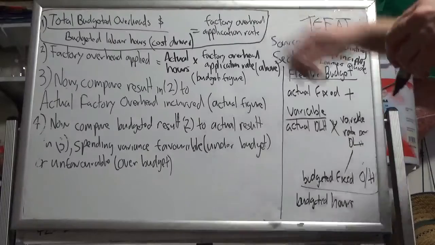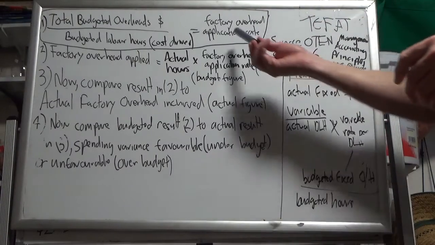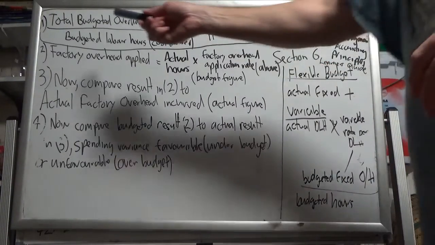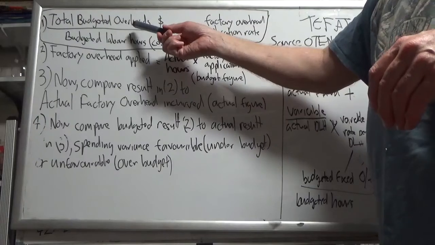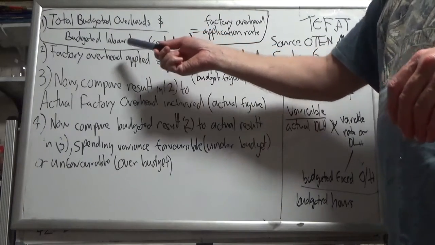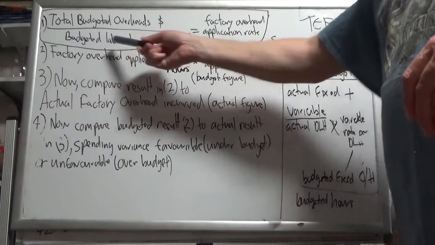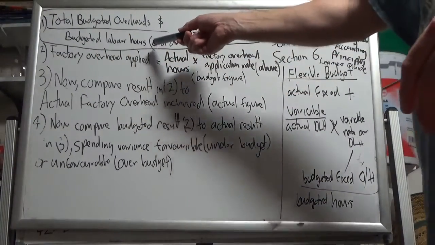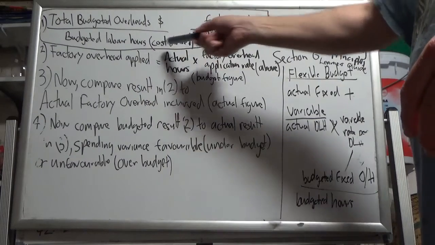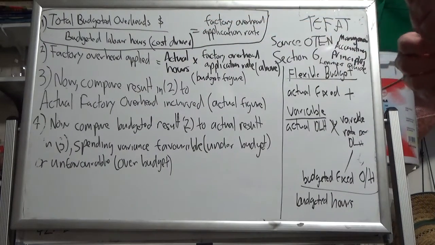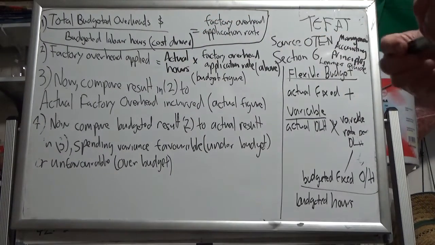So the factory overhead application rate is the first step. You've got to take the total budgeted overheads in dollars divided by the budgeted labour hours. That's like a quantity of hours, and that's the cost driver chosen. Okay, so that's step one.